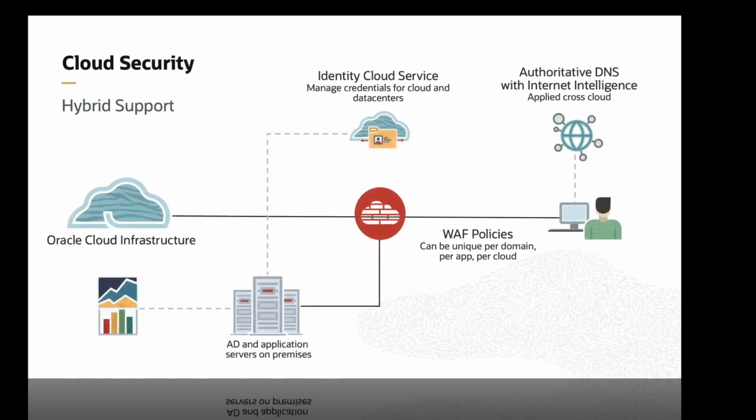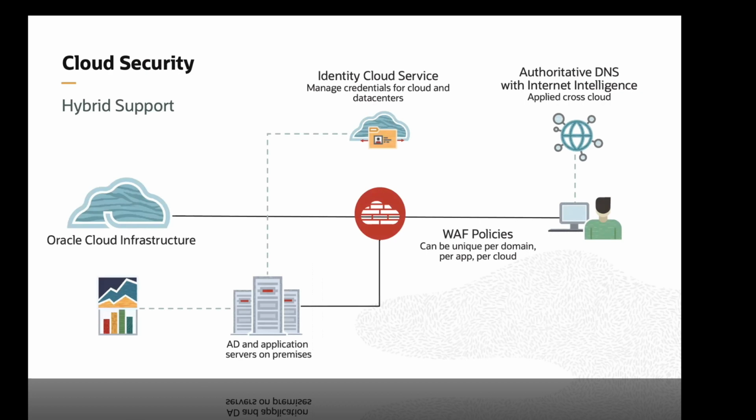Oracle Cloud Infrastructure provides a flexible cloud security model for customers to integrate with on-premises and/or with other cloud service providers' identity services. Customers can configure web application firewall policies for protection within OCI while building multi-cloud solutions hosting applications in OCI.